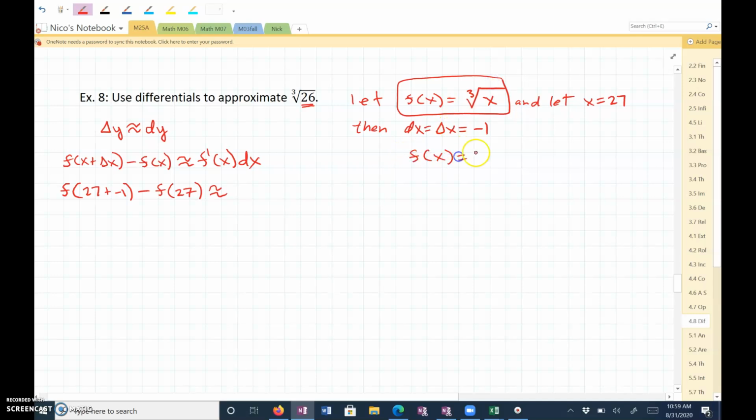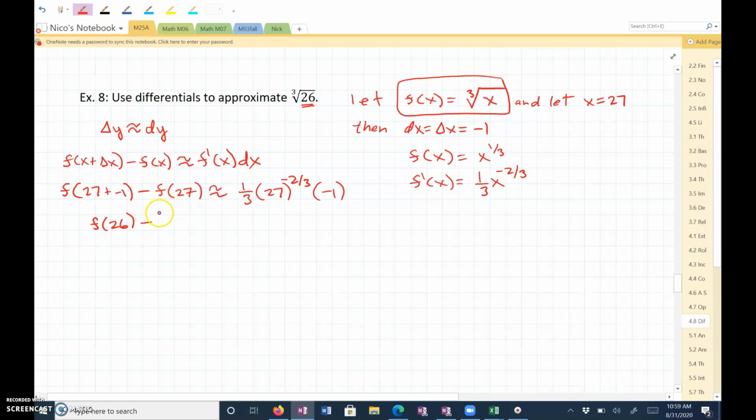So let's make f of x equal to x to the 1/3 power, where if I take the derivative, that's going to be 1/3 x to the -2/3 power. So this will be 1/3, and x is 27 to the -2/3 power, times dx, which is -1. And then I can start simplifying this. So this would be f of 26.